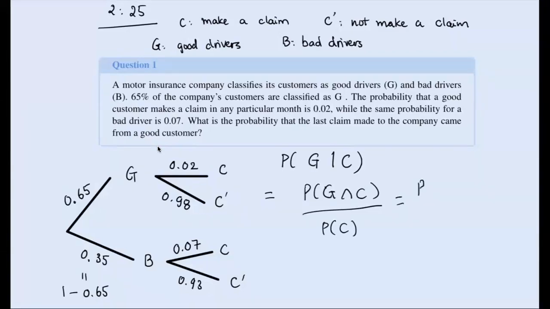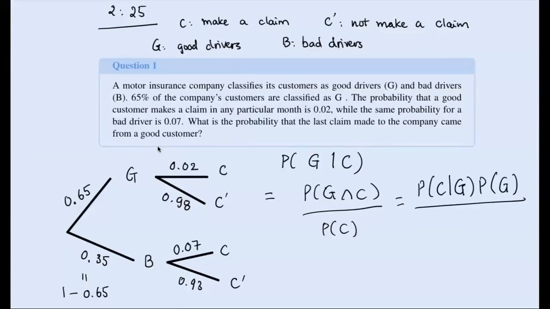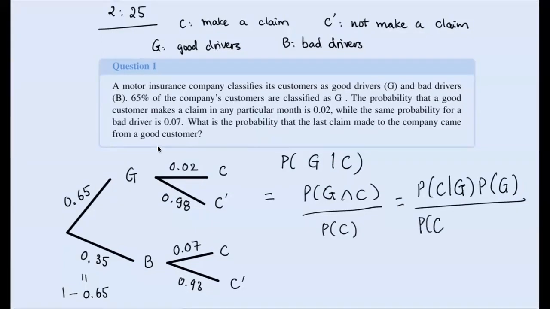And here, using Bayes' formula, it is the probability that the customer made a claim given that they are a good customer, multiplied by the chance they are a good customer, divided by the probability of C. The probability of C is just the probability of making a claim and being a good customer, plus making a claim and being a bad customer.